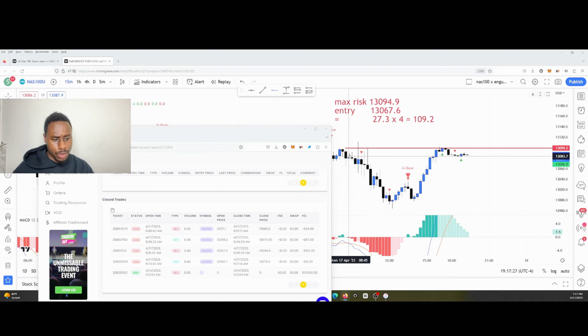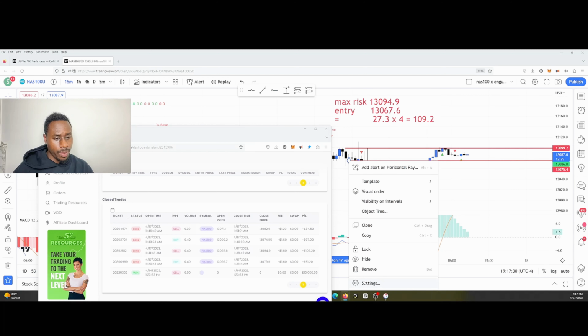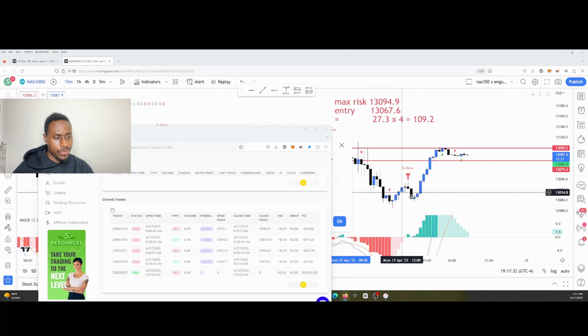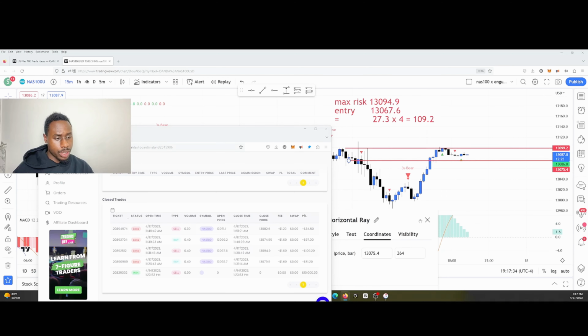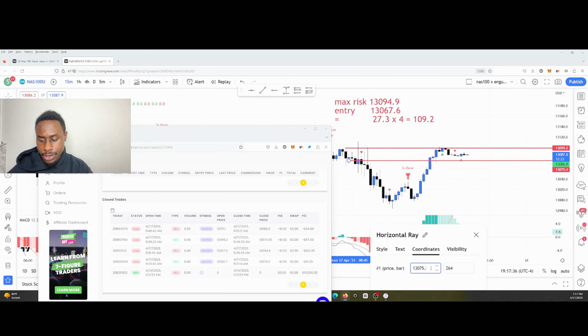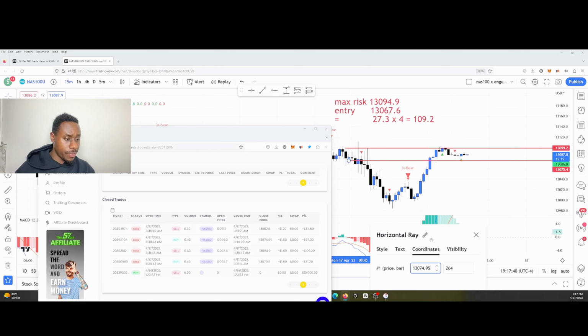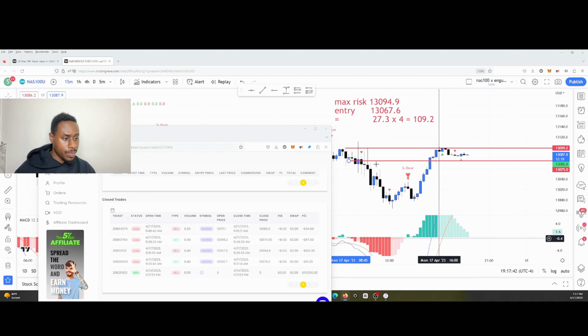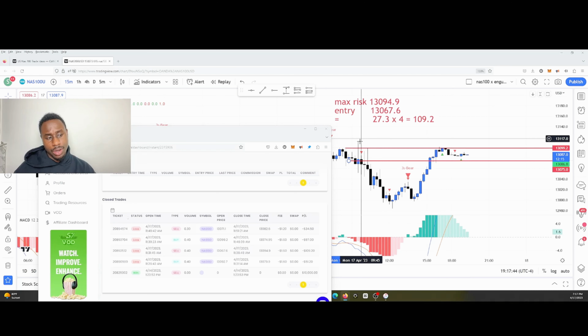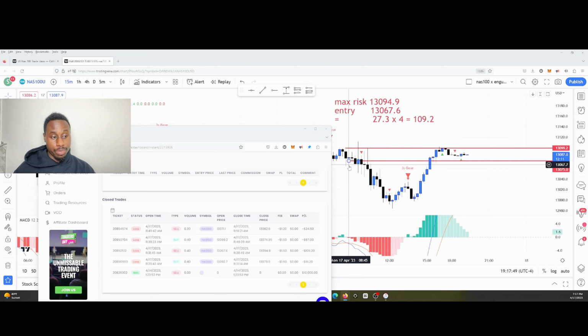I got stopped out on the 845 candle here at 13,074.95. So as I entered to the upside here, to the buy side, the next candle actually came down, pushed me right down, hit out my stop loss.